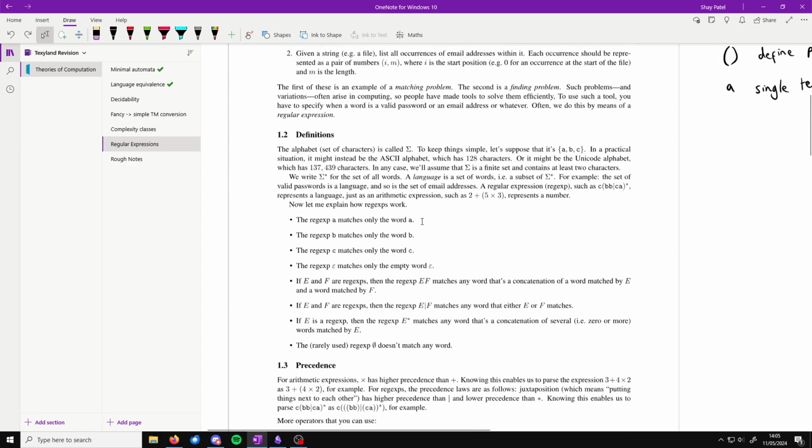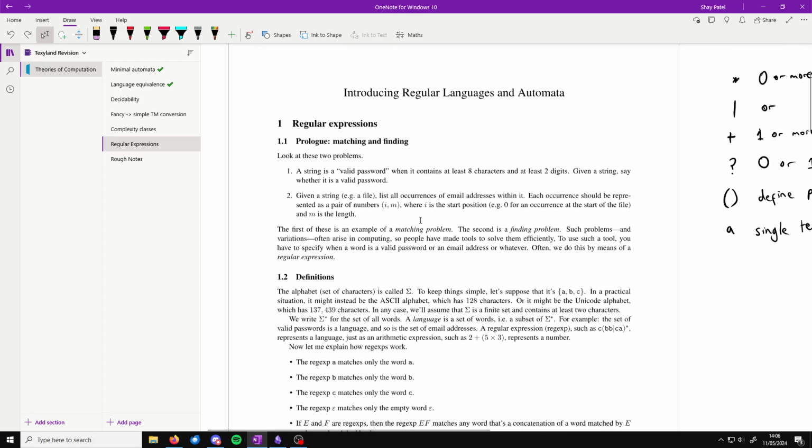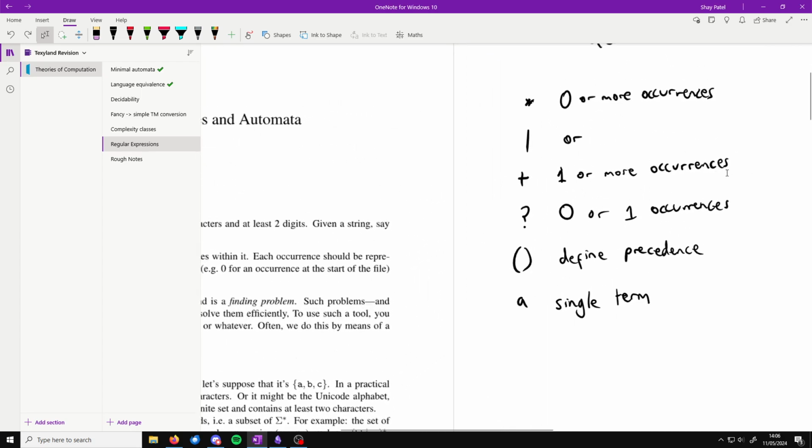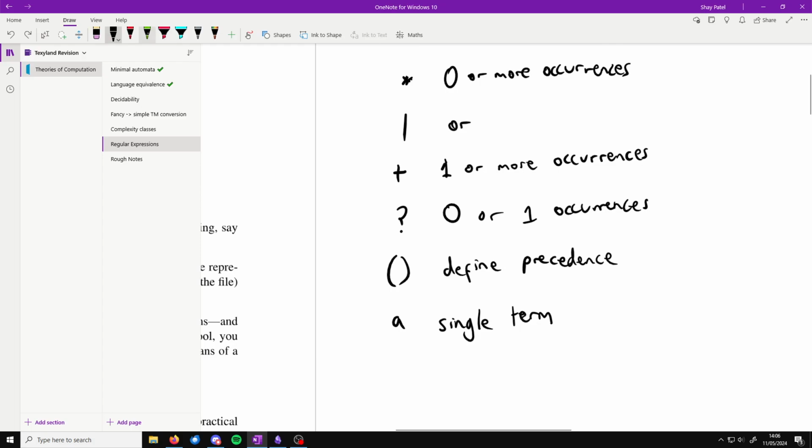Either way, if you want to do 1 or 0 occurrences, you can use a question mark, but you can also, as Ollie said, use epsilon or, and then whatever you want to do. So saying epsilon or A is the same as saying A question mark. These two are equal. So if you want to be on the safe side, just stick to that. Cool.